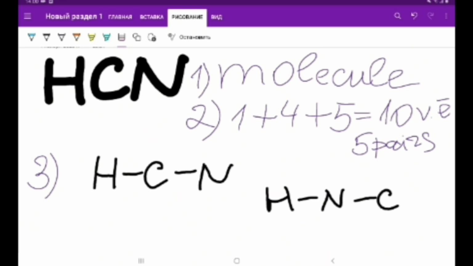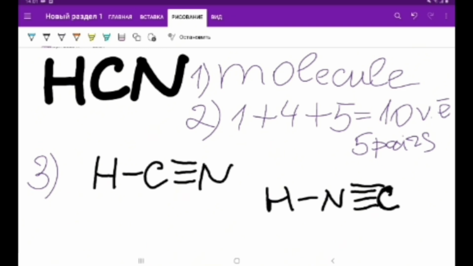Let's complete the octet. We know that carbon has valence of 4, right? So let's complete its valency. Let's draw 2 more lines here. In the second case, we have to draw 4 lines here, because carbon needs to have valence of 4.